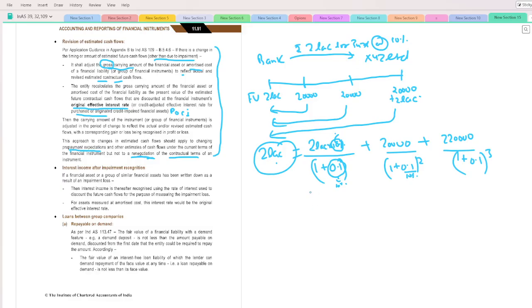Now if you are standing here, only 2 years are left. Here itself the company will be paying the outstanding amount directly, so nil amount here. It will be prepaying the outstanding principal at the end of the second year. Now you are standing here, so this 20,000 plus 2 lakh, you will be discounting it.